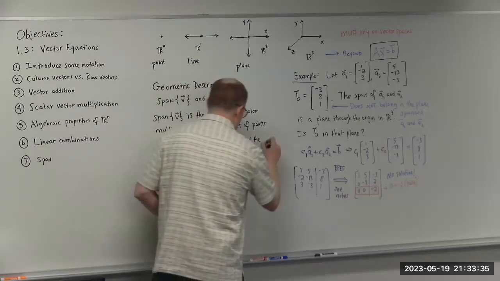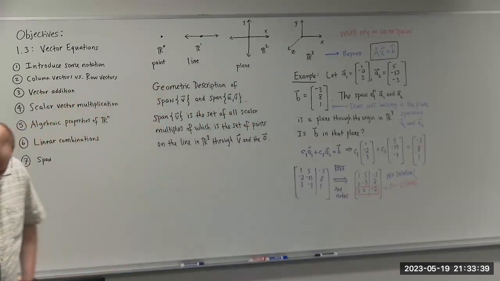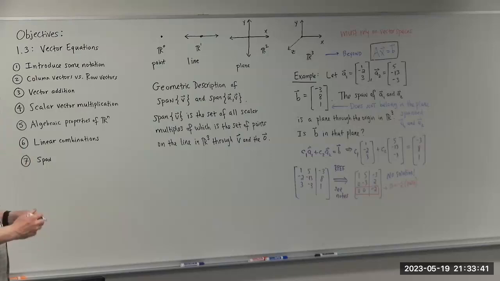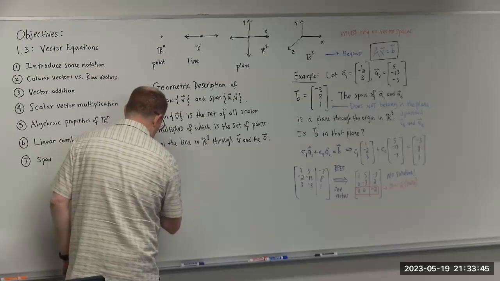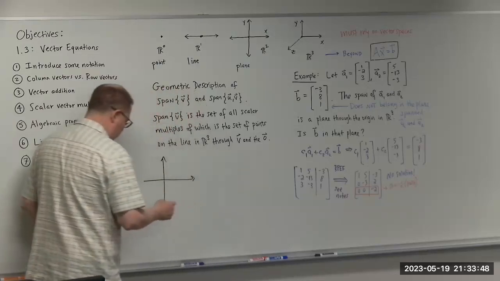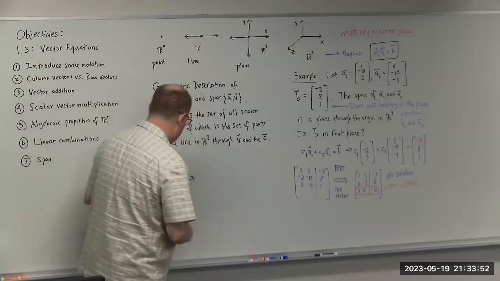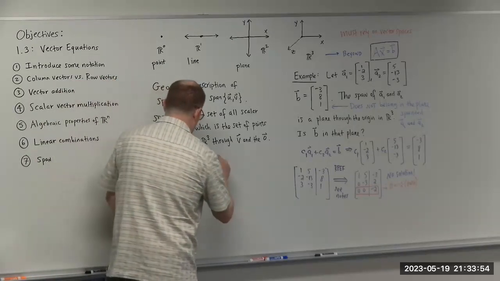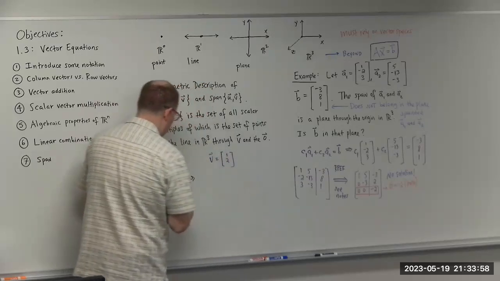Remember, the origin is just the zero vector. Let's assume that we're in R2 here, and we have a vector, say V equals 1, 2.